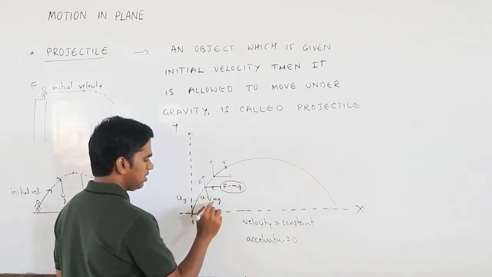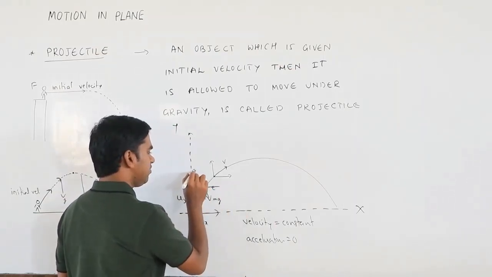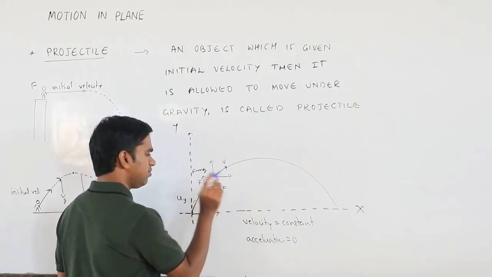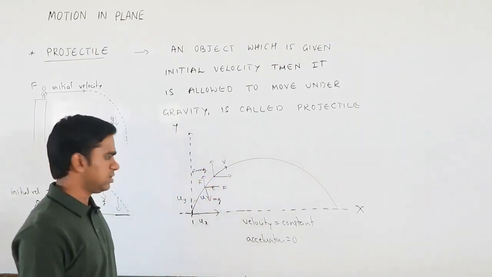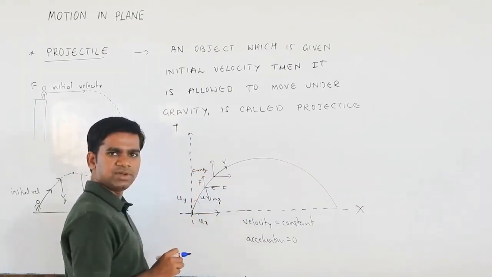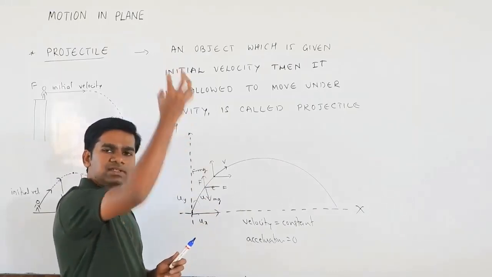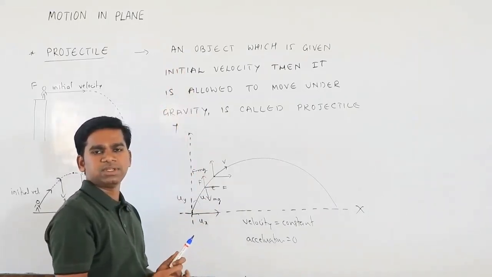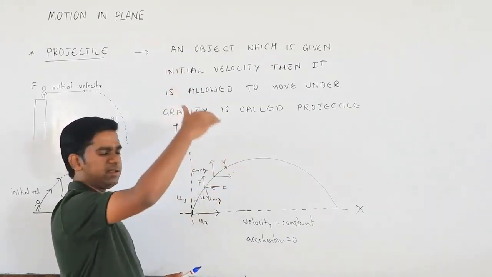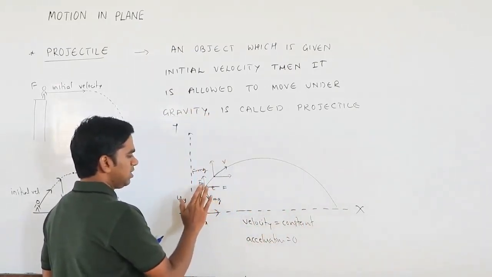Along the horizontal it is F only. Getting my point? Here it is F only, but here it is F minus mg. So when it starts moving, there is a downward pull acting on the projectile. That is why it will not take much height. It will take more horizontal distance. That is the reason.